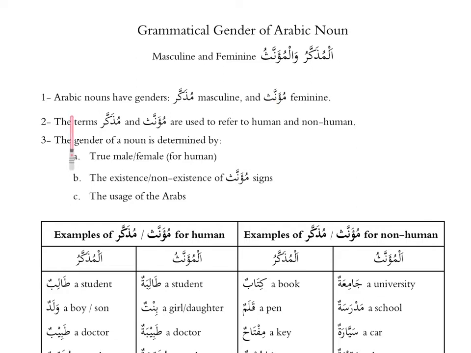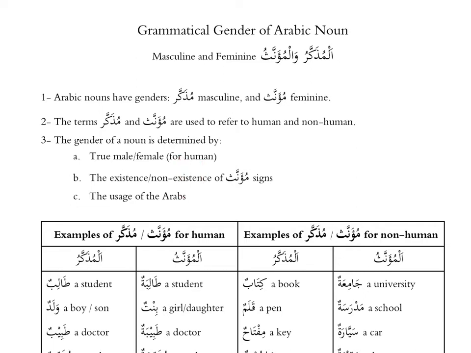These two terms, muzakkar and mu'annath, can be used to refer to both human and also non-human. Of course, for human, it is obvious. You can have male and you can have female. But what about non-human? I will explain it here. Number 3, the gender of a noun, whether it is muzakkar or mu'annath, is determined by, number 1, whether it is a true male or true female, and this is true for human.